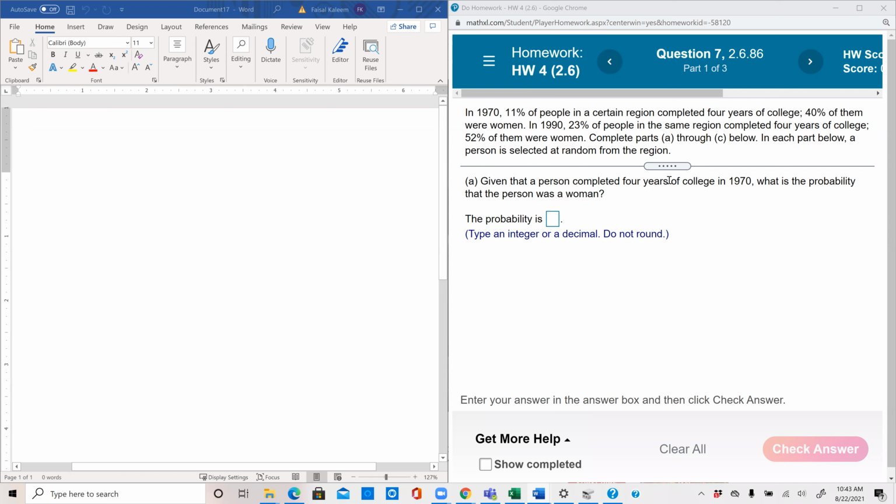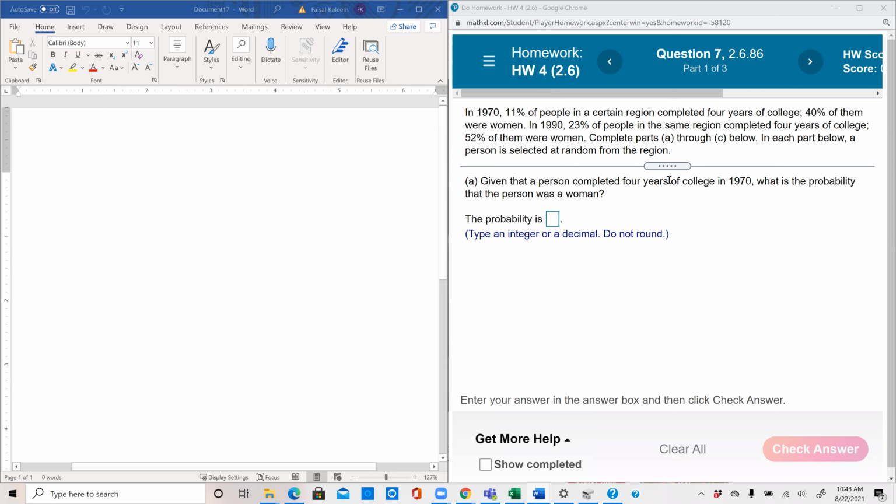The probability that you completed college is 0.23, times the probability that you were a woman who completed college, 0.52. Let's calculate it: 0.23 times 0.52 is 0.1196.